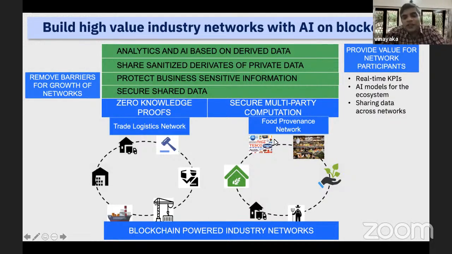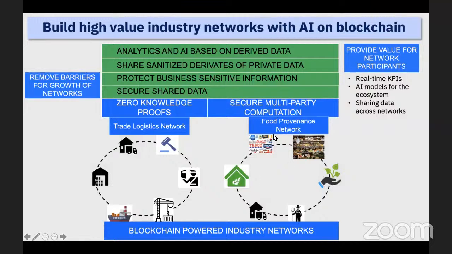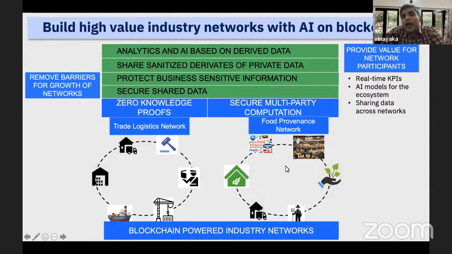So let's take this example. Let's say food provenance. And let's say there are multiple farmers, and the farmers come together to compute the spoilage rate for mangoes supplied by all the farmers across.